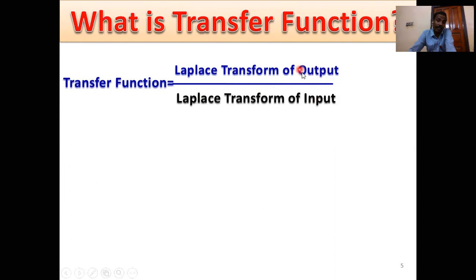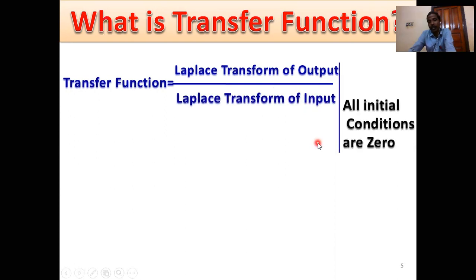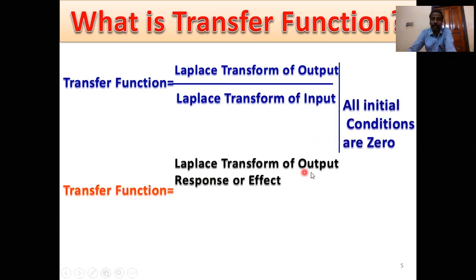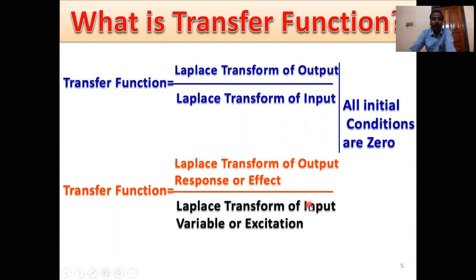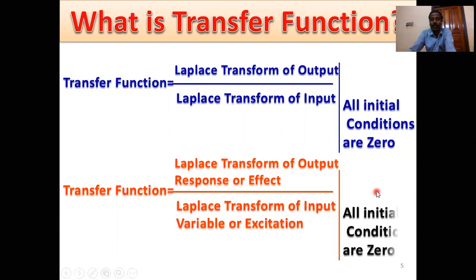Output means effects and input means excitation or cause, provided all initial conditions are zero. Another form: transfer function equals Laplace transform of output divided by Laplace transform of input, the input variable or excitation, also called cause, and the output is the response or effect. All the initial conditions are zero. So this is the definition of transfer function.